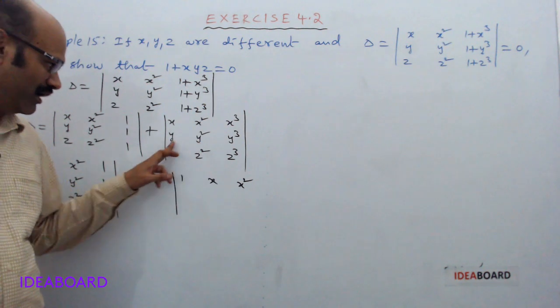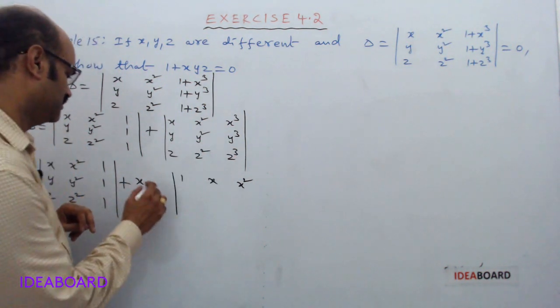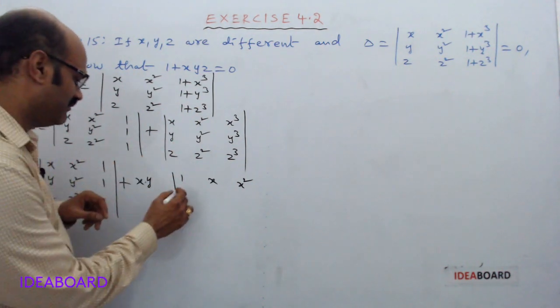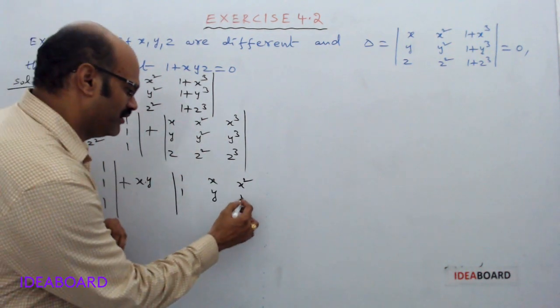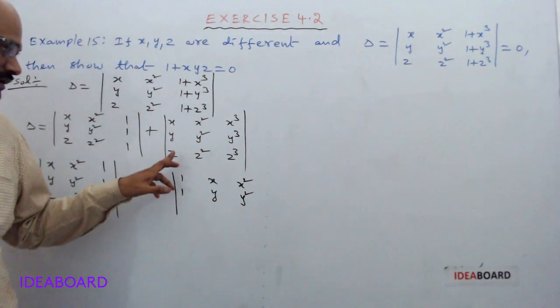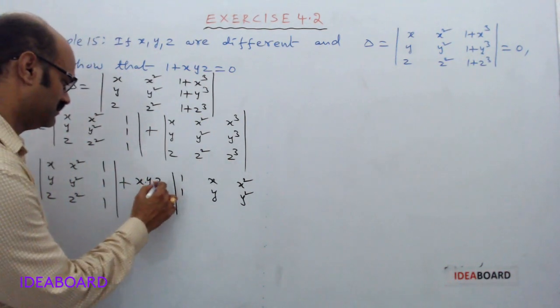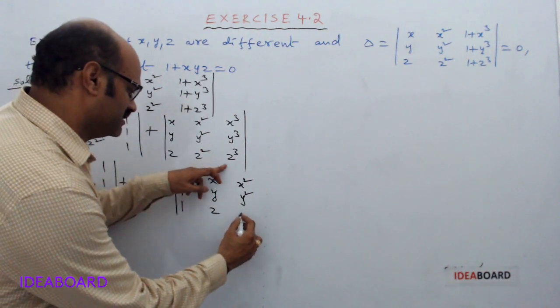Next from R2 we can take the common factor y. If you take common factor y here, we are having 1, here y, here y square. Now take the common factor z from R3: 1, z, z square.